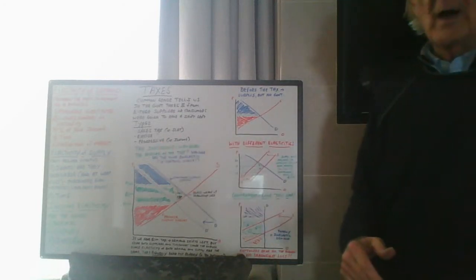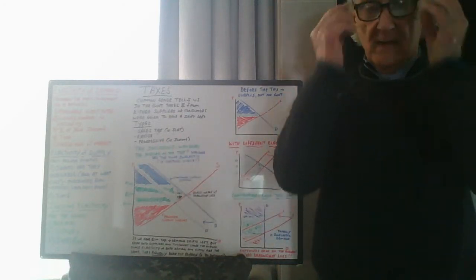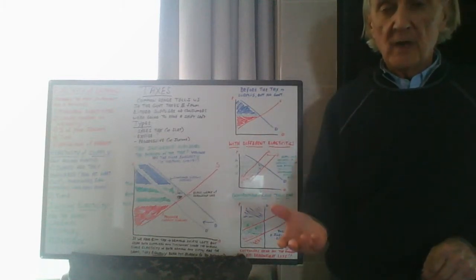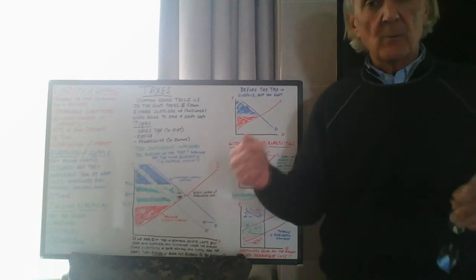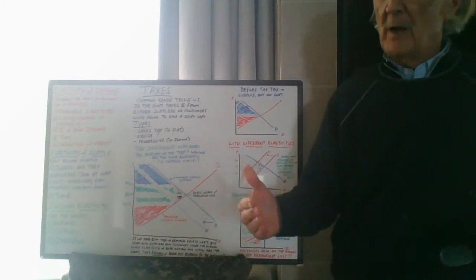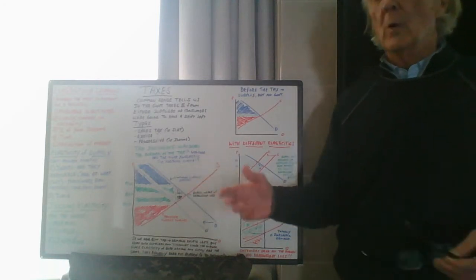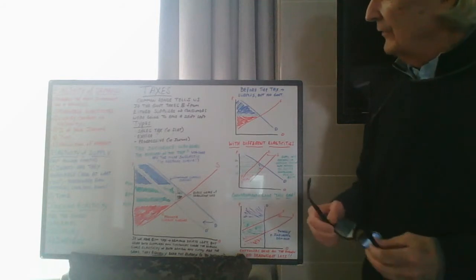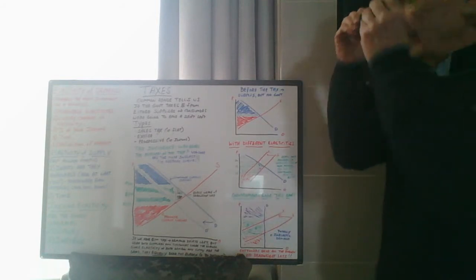Same thing with the suppliers. If they are getting hit with a large tax, that would be considered a cost to them, and they have a fixed budget, so they also will be shifting to the left. Okay, so let's see what happens in terms of taxation.